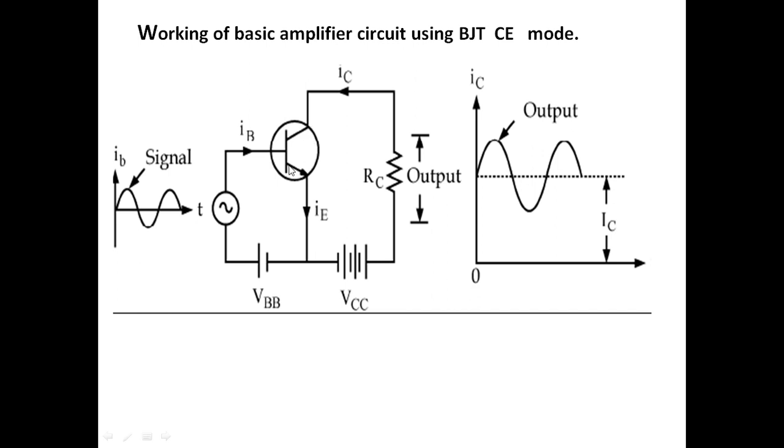When both the input junction and output junction are in reverse bias, it is called the cutoff region.